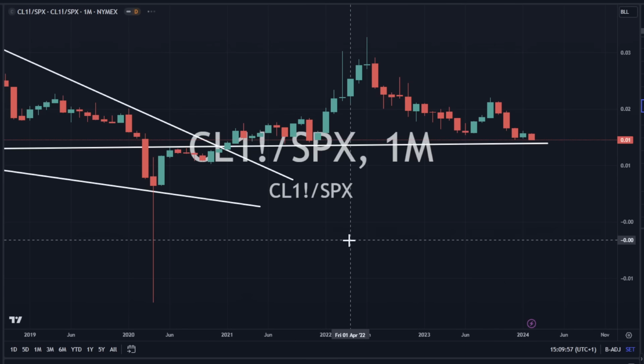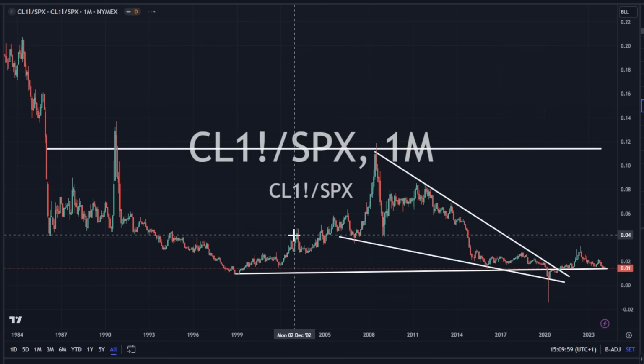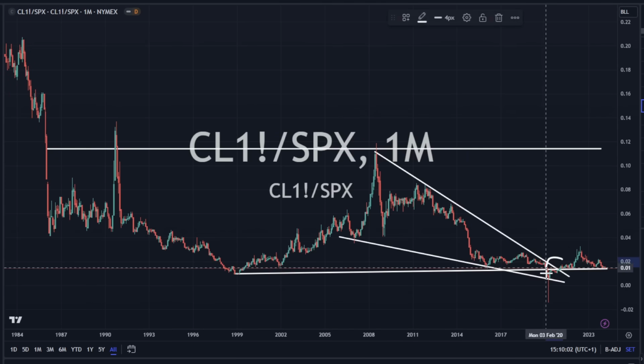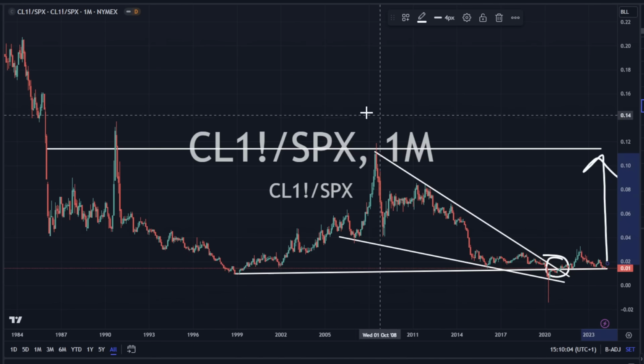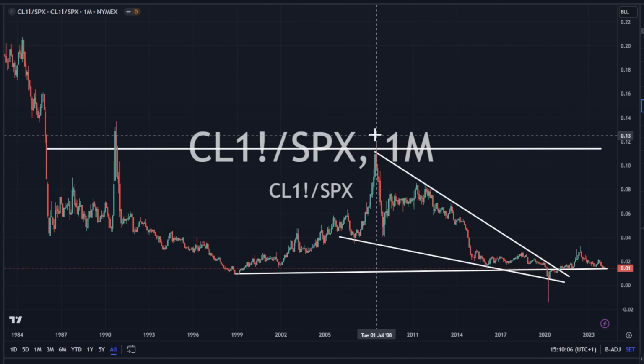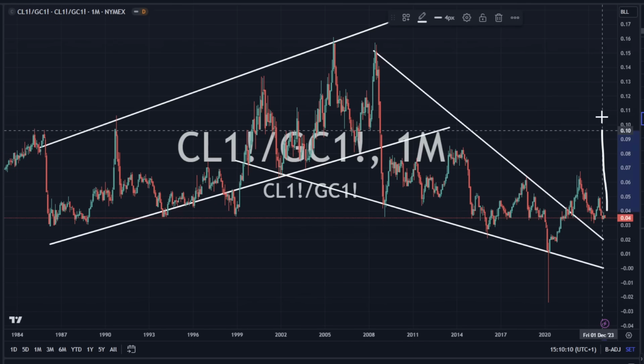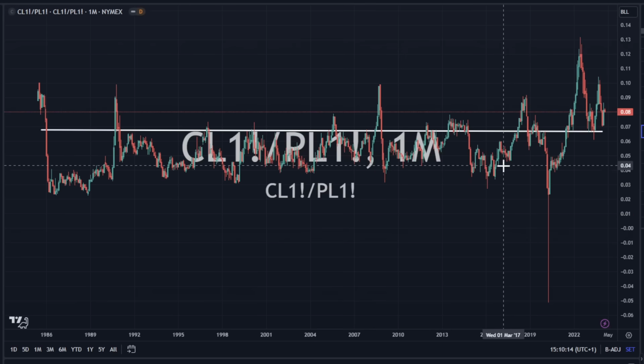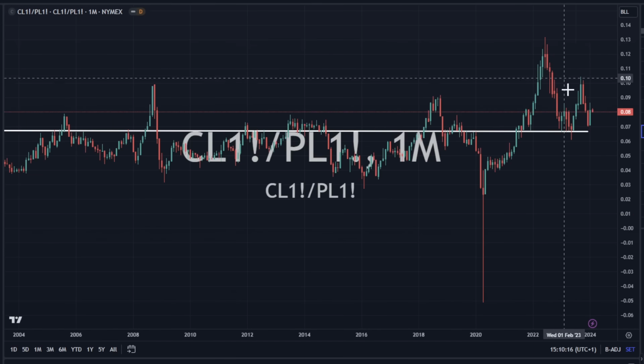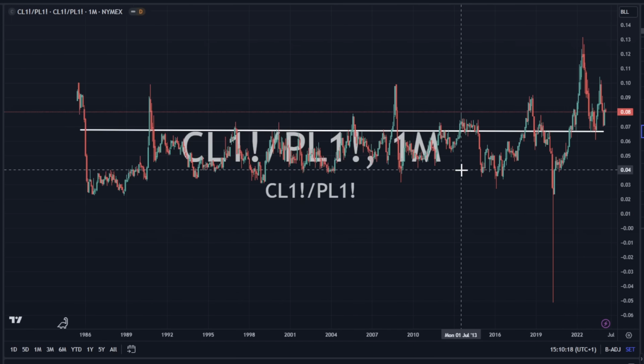Very interested there. This is crude oil versus SPX, another one that's got a falling wedge broken to the upside. I think we're going to end up going higher for crude oil, basically against all other assets. Crude oil versus gold, that looks fantastic for a move higher for crude oil. Crude oil versus platinum, we've broken out to the upside. We're just sitting on top of things.